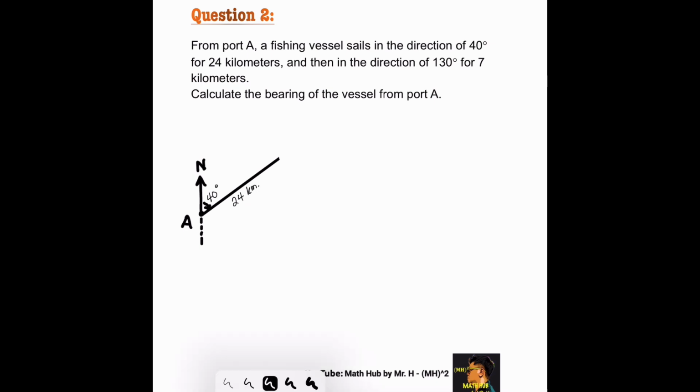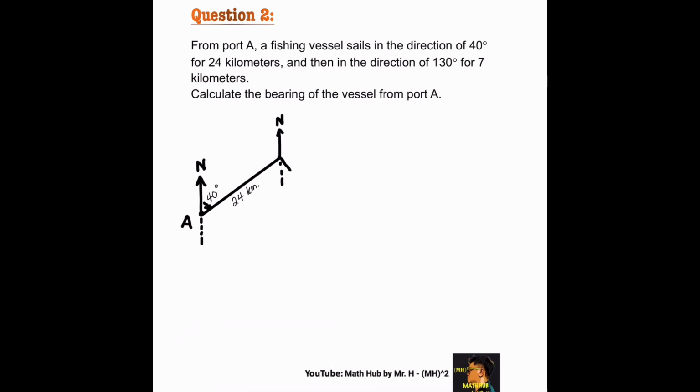And then from here, we need to draw another point, and north line. And it says it sails again in the direction of 130 degrees for 7 kilometers. So that means from here, we need to measure an angle of 130 degrees. So if this is 180, then 130 will be, this is not drawn to scale.